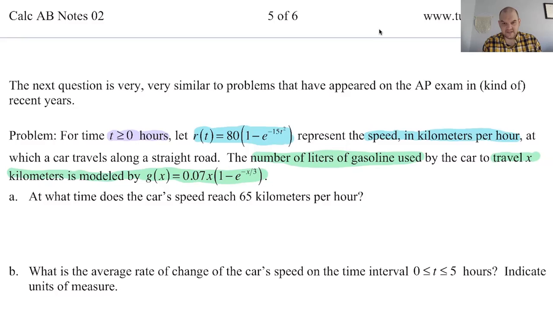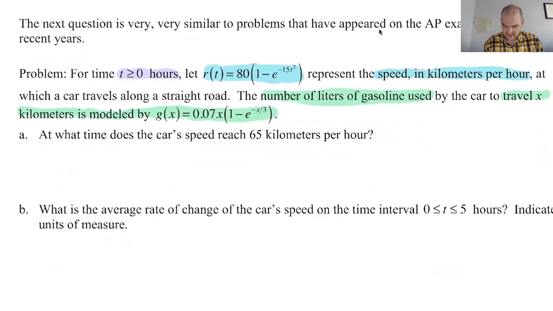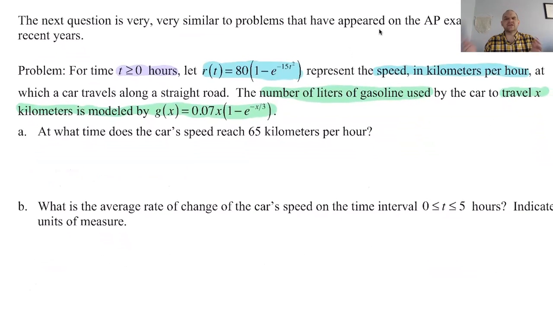All right, so that's important. And then the number of liters of gasoline used to travel x kilometers is modeled by G of x. So we've got a lot going on. Ultimately, I'm going to use a calculator to solve a lot of this, but I'm going to start out by just writing it down because I think it's easier to conceptually get it that way.